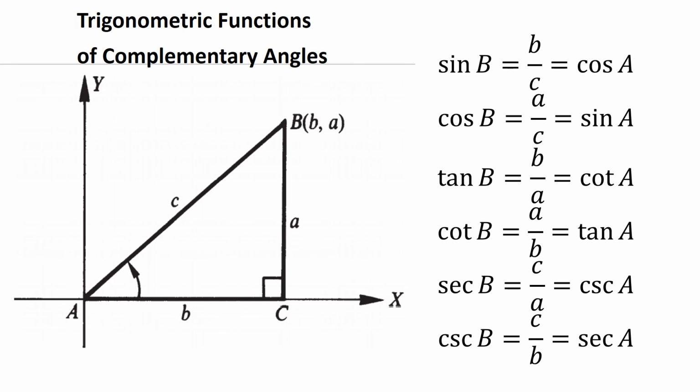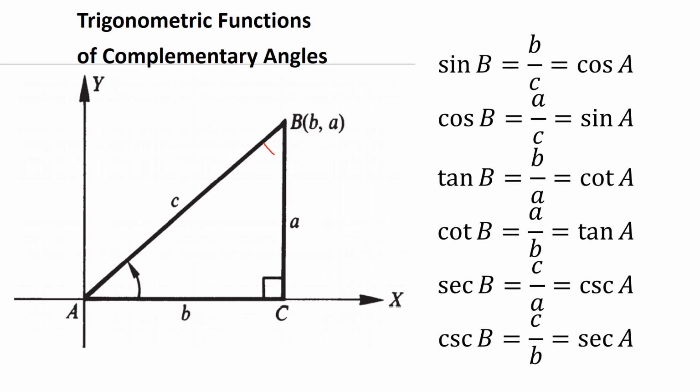Now these 6 trigonometric functions have complementary angles. The sine of angle B is equal to the cosine of angle A. So let's see where that's located in our illustration.